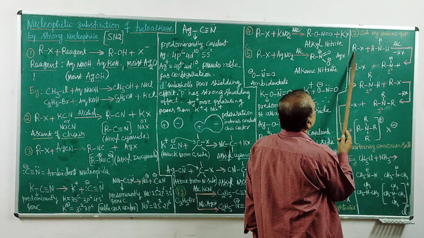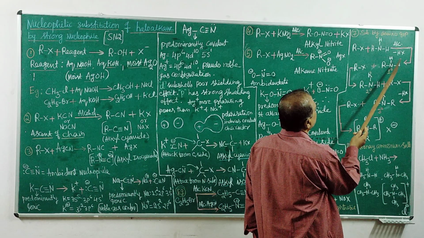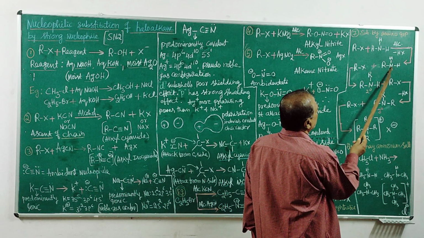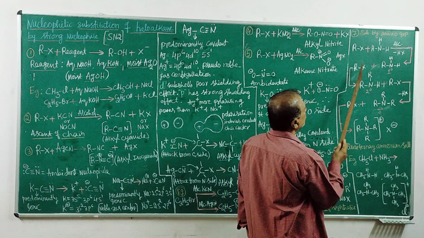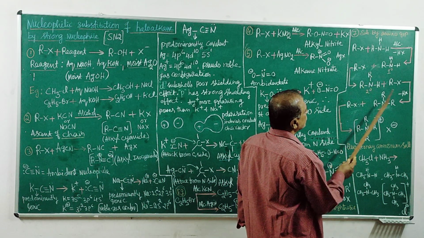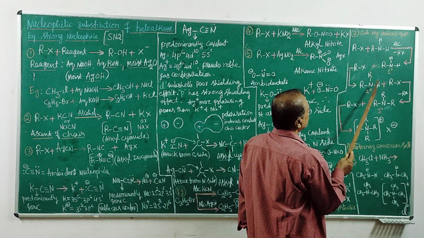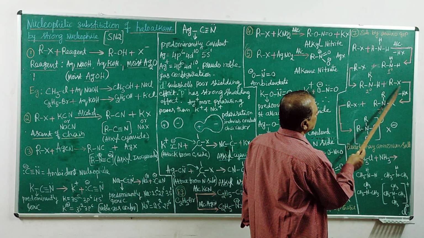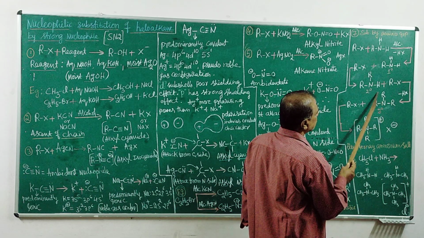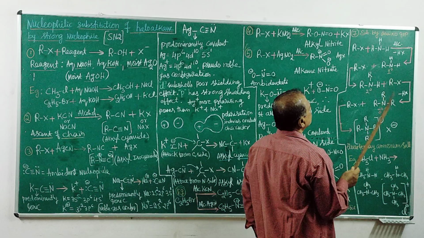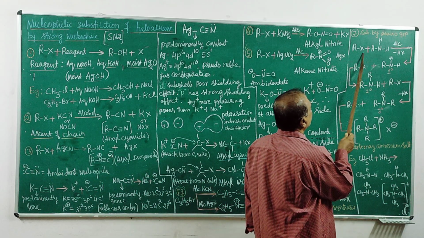If you add more and more, H is removed by R. First one H is removed, then one more H is removed by another molecule of the reactant. With one more molecule, the H is also replaced. So the hydrogens of ammonia are replaced one by one by the R group of the halide.